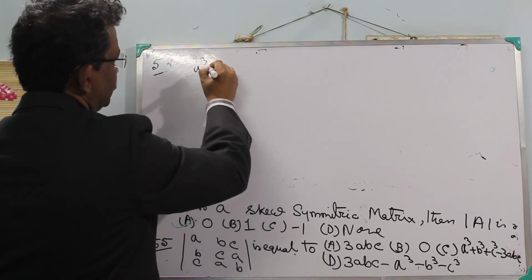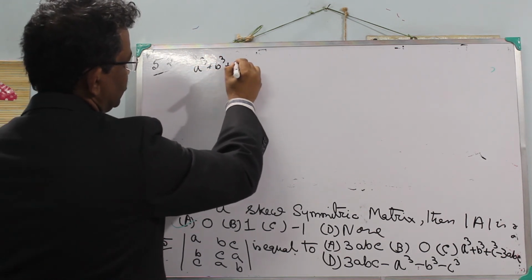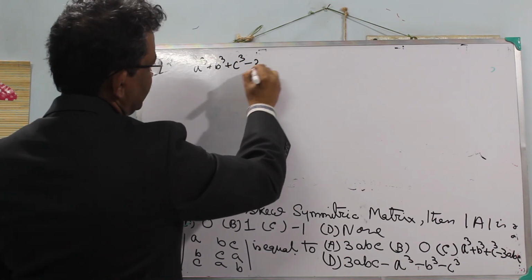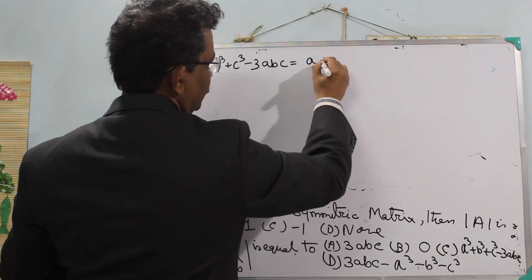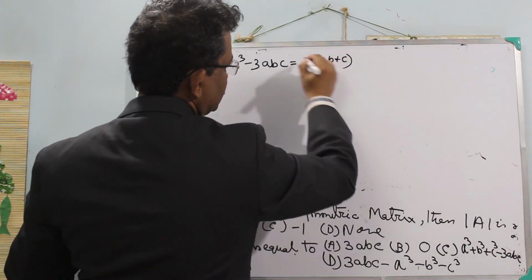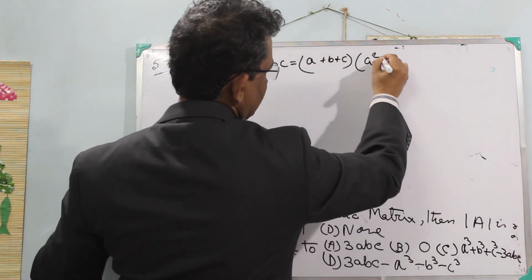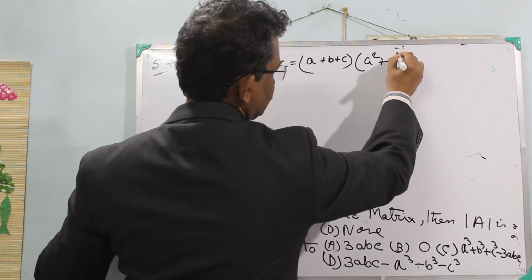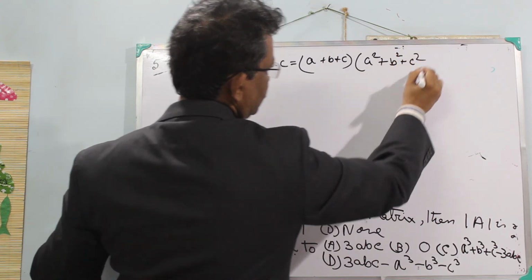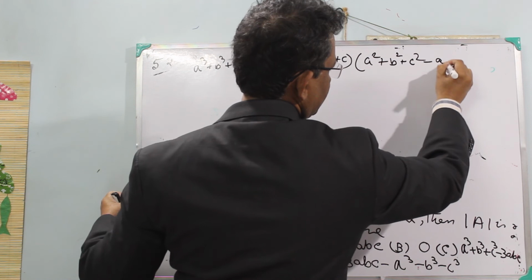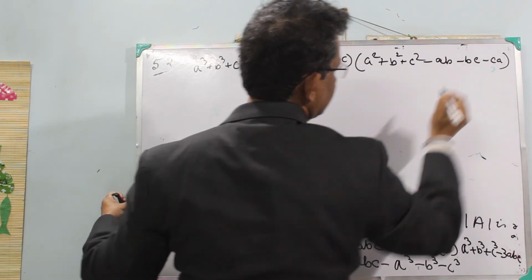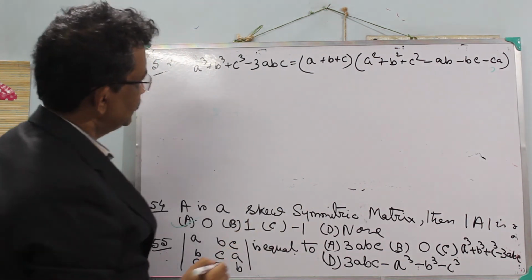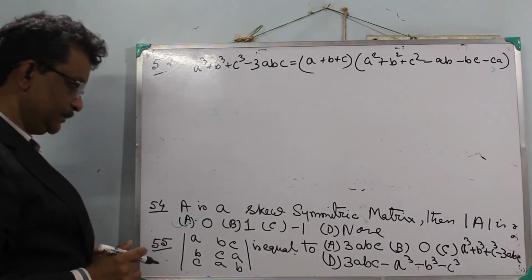A cube plus B cube plus C cube minus 3ABC equal to A plus B plus C into A square plus B square plus C square minus AB minus BC minus CA. This is the identity.